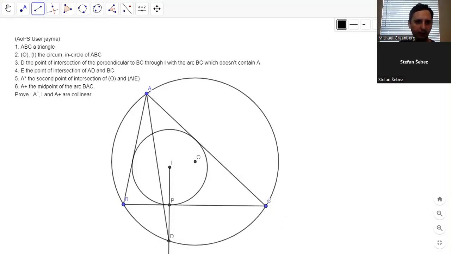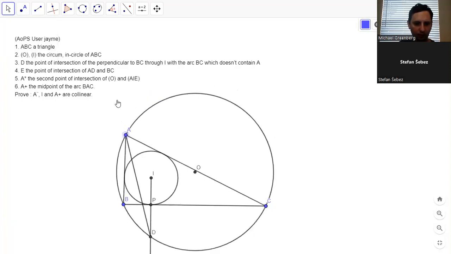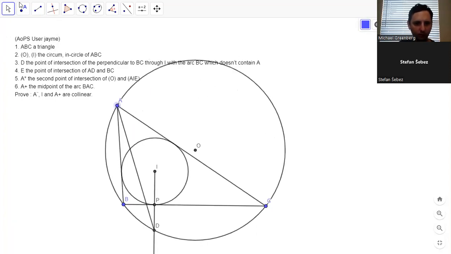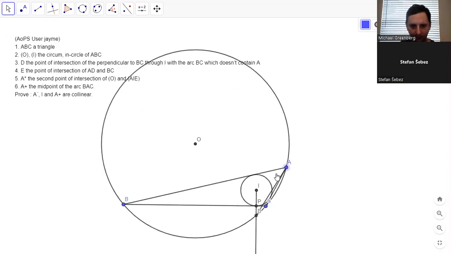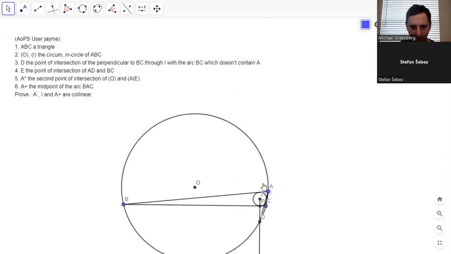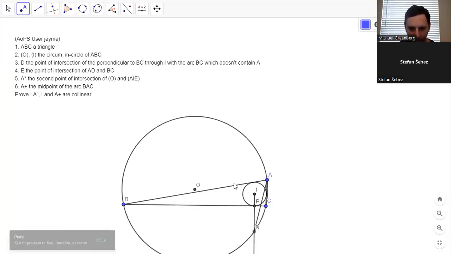We call it E. Let's see if I can draw that. Yeah, it's a tricky point to draw. Let's see if I can draw it like that. There we go. That's E.